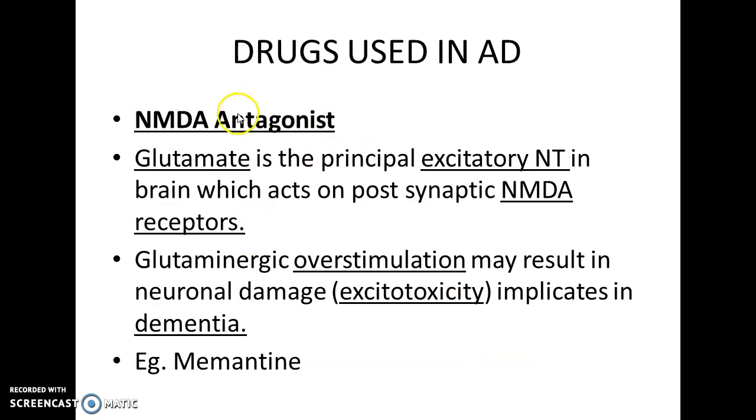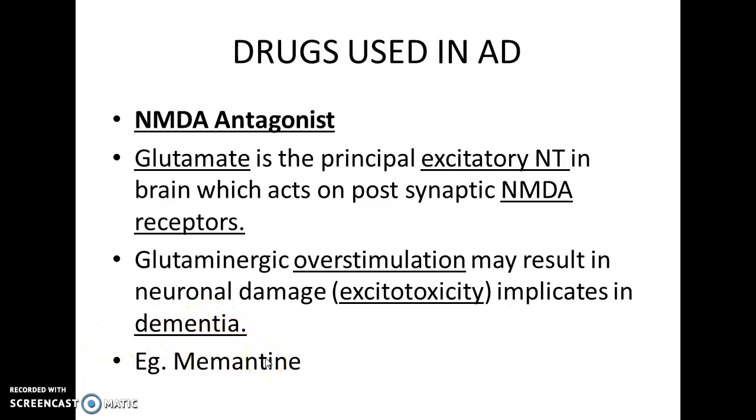First one is NMDA antagonist, N-methyl D-aspartate antagonist. Glutamate is the principal excitatory neurotransmitter in the brain which acts on post-synaptic NMDA receptors. Glutaminergic overstimulation may result in neuronal damage, that is excitotoxicity, which leads to dementia.